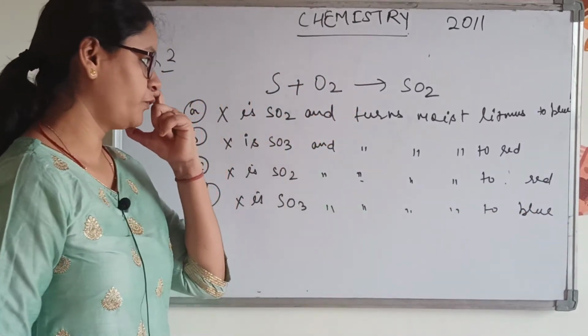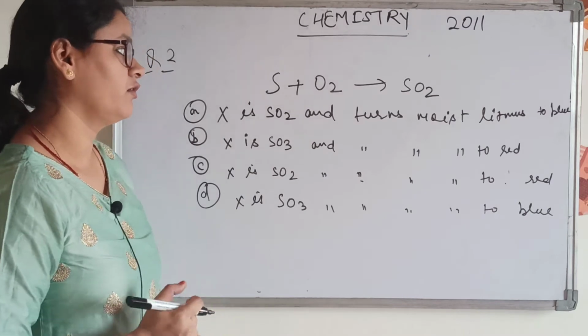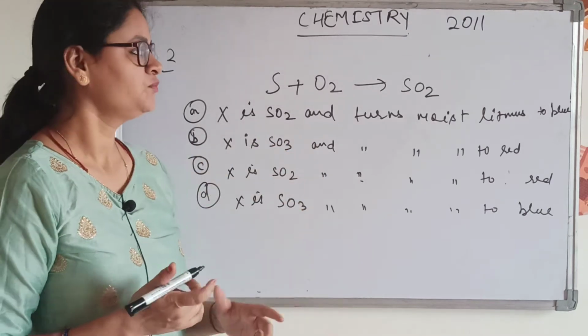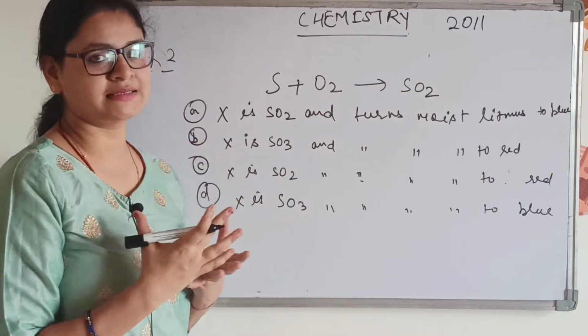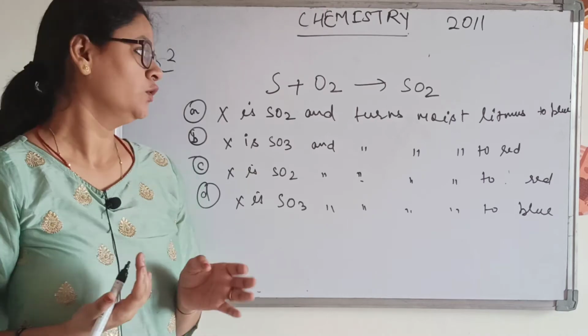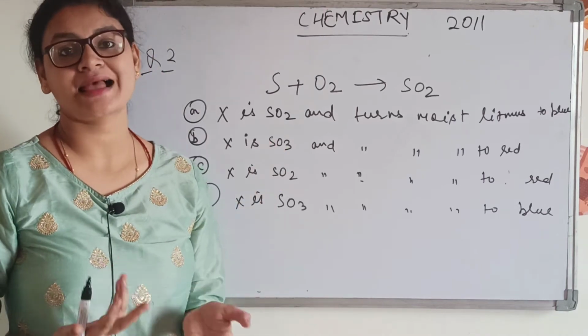See here, if it is acid, it will turn blue litmus to red, and if it is base, it will turn red litmus to blue. That we already know. Now we have to identify whether sulfur dioxide is acid or base.